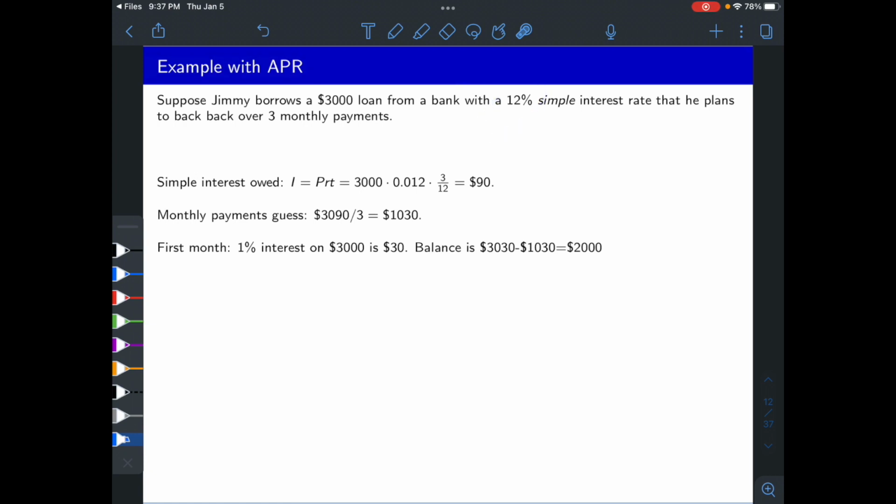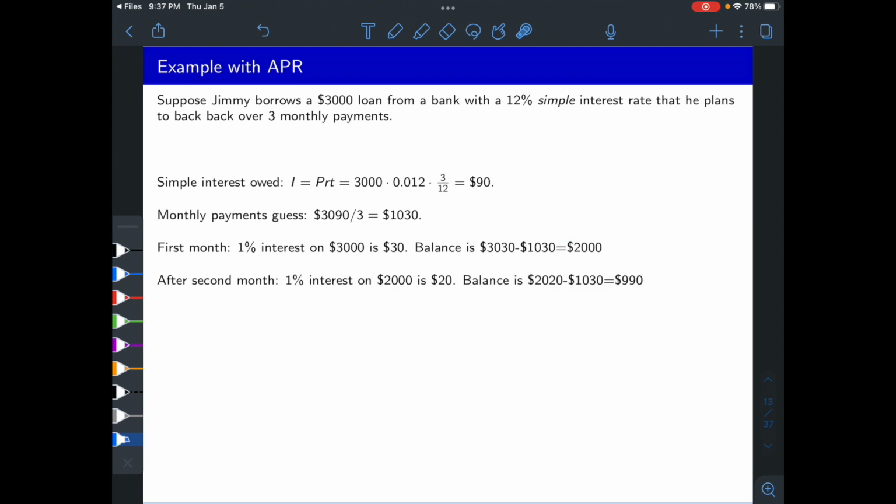In the first month, we apply 1% interest on the $3,000, which is just $30. So the balance before the payment is $3,030. Then the monthly payment is $1,030, and so the balance after the payment is going to be $2,000.